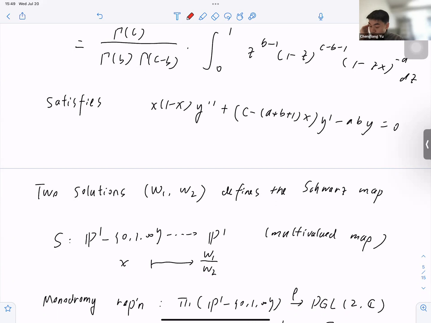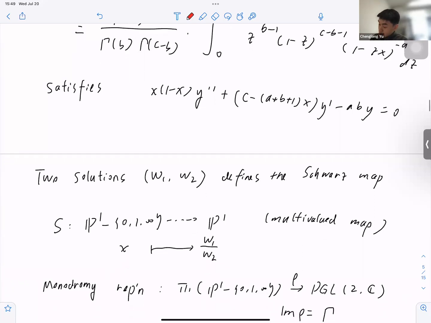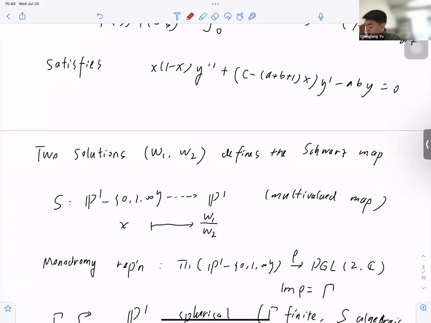His motivation is whether this quotient is an algebraic function, or a rational function, or the quotient of polynomials with respect to x. So this is a multi-valued map defined on P1 minus 3 points onto P1.